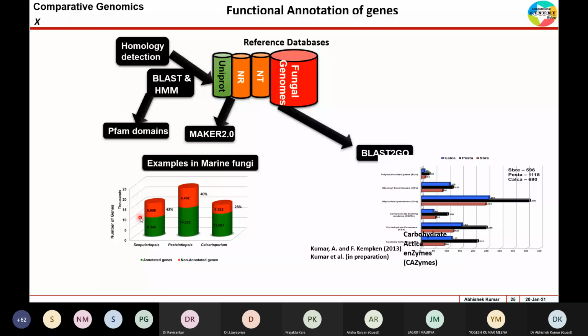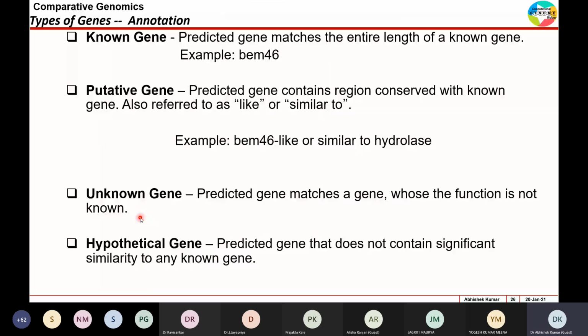When you say annotation, what types of genes are there in the genome? A known gene is one where the predicted gene matches the entire length of a known gene, and then it is called by that name. For example, BAM46 is a gene with known function, so it can be taken exactly.